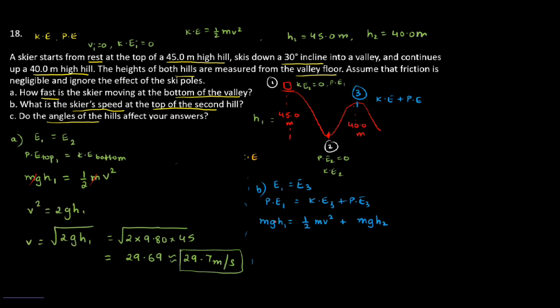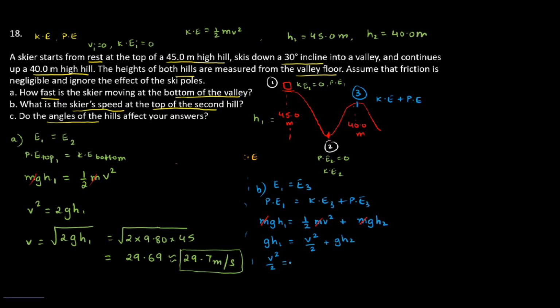So let us cancel off the m, which is present in each term on both sides of the equation. When we cancel off m, we can rewrite the expression as gh1 equals v squared by 2 plus gh2. Now we will move this gh2 to the other side to leave v squared by 2 alone.